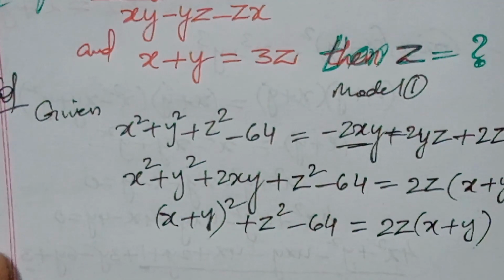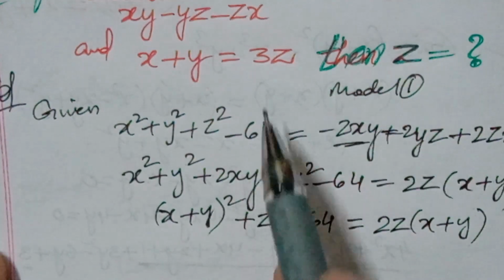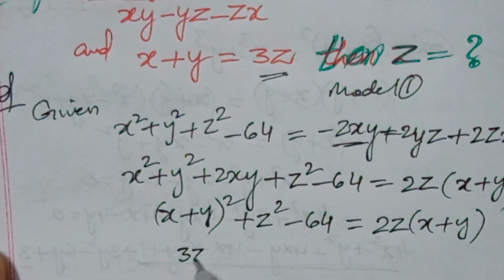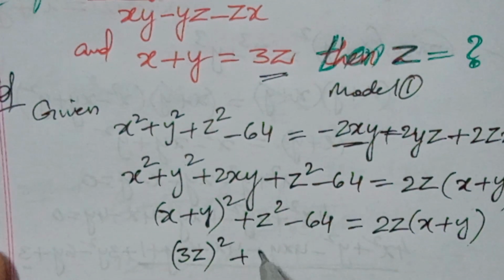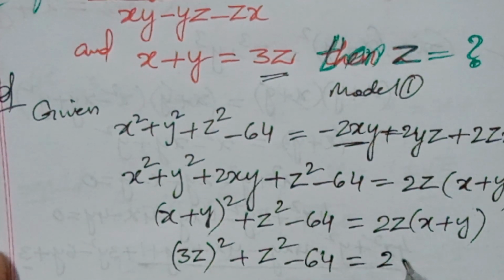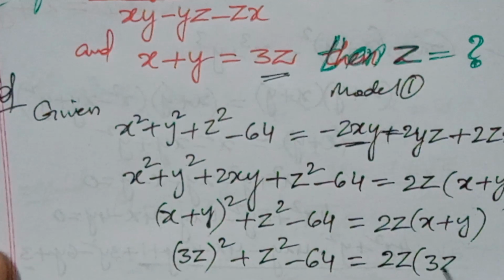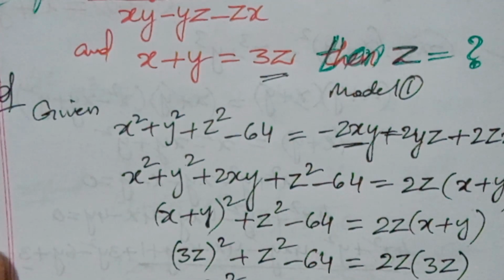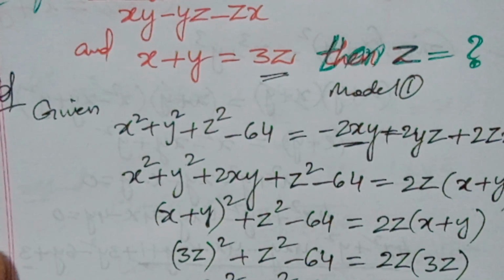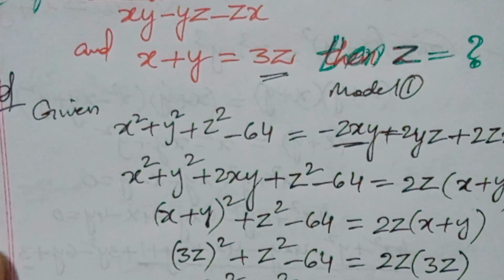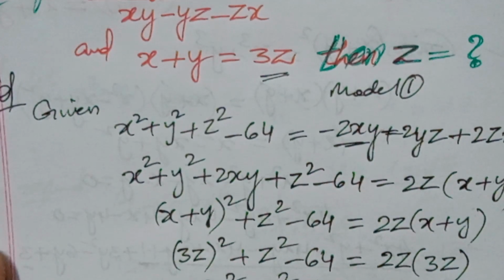So this can be written with x + y equal to 3z: (3z)² + z² − 64 = 2z · 3z. So 9z² + z² − 64 = 6z². So 10z² − 6z² = 64.